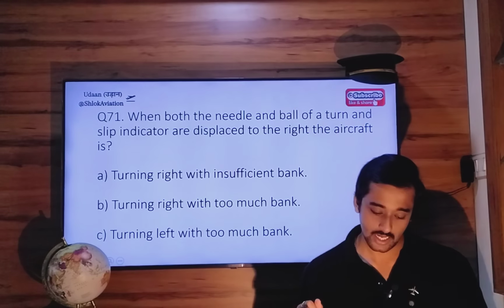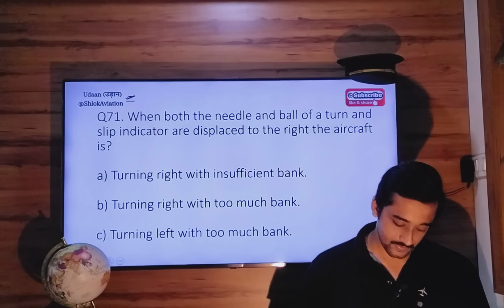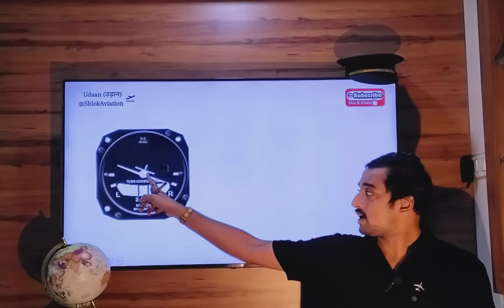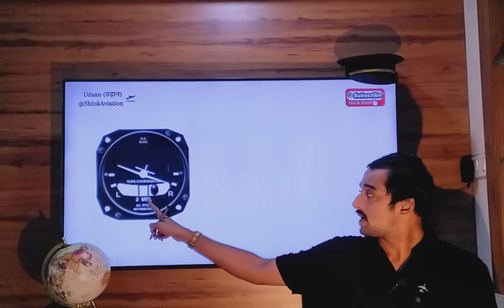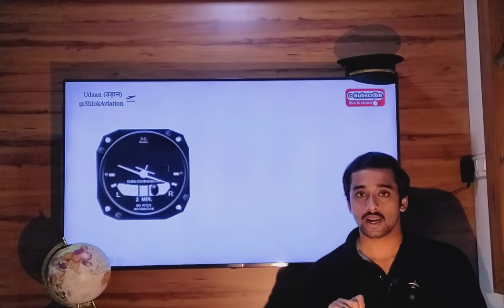On the right hand side, the aircraft is what? So like this, your aircraft is showing a right hand turn and the ball is also deflected to the right.